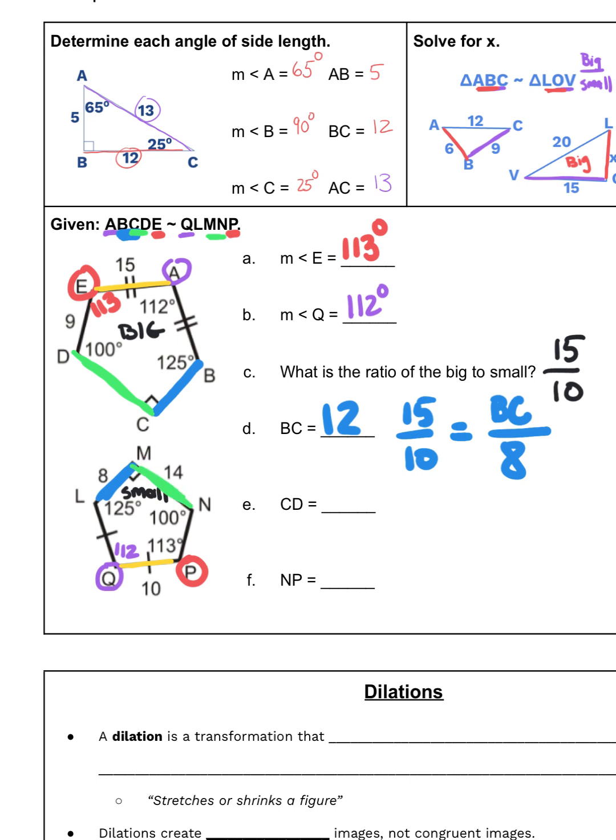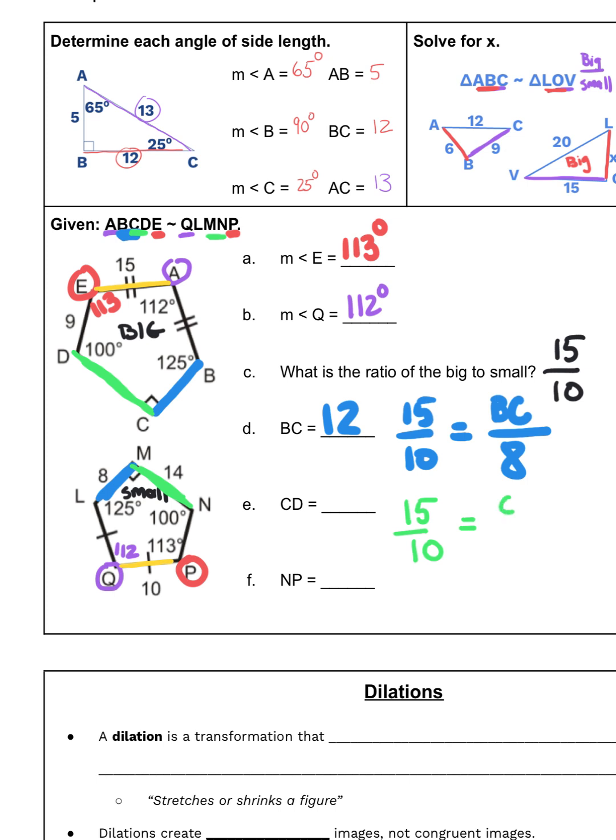So for our first ratio in our proportion, we're going to use our good old pair of corresponding sides that are both given. So we bring that down, 15 over 10. Again, we're still going big to small. So now we have to put CD on top.